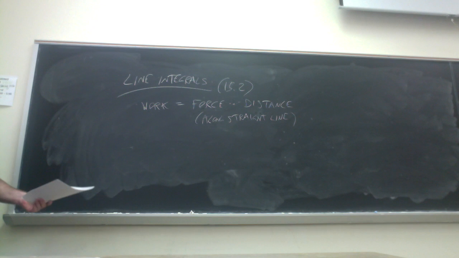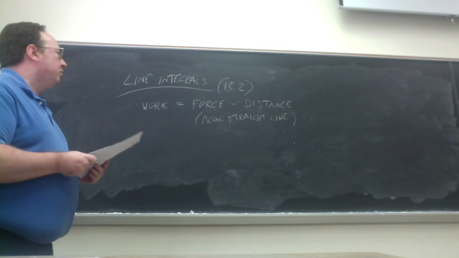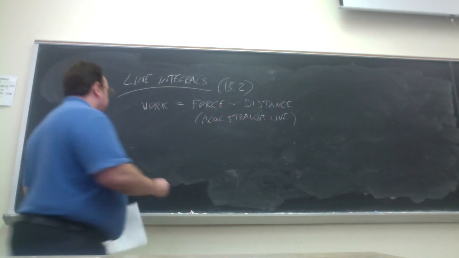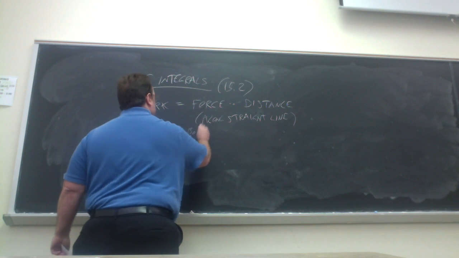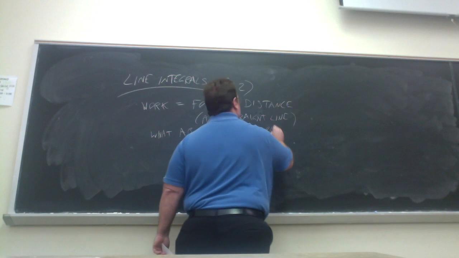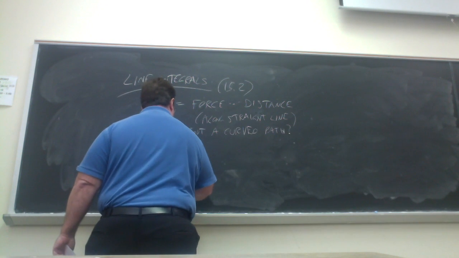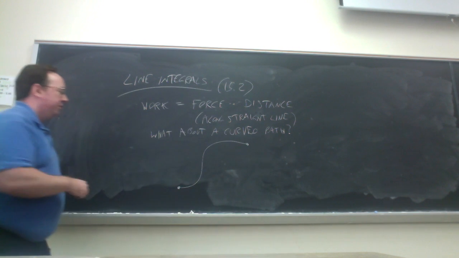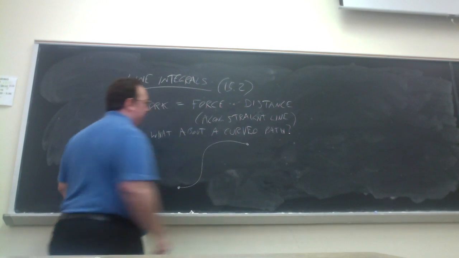But what happens if not? What if an object is being moved along a curved path? What is the work being done in that case? So you have some curved path along which the object is moving. What is the work done in getting the object from point A to point B?